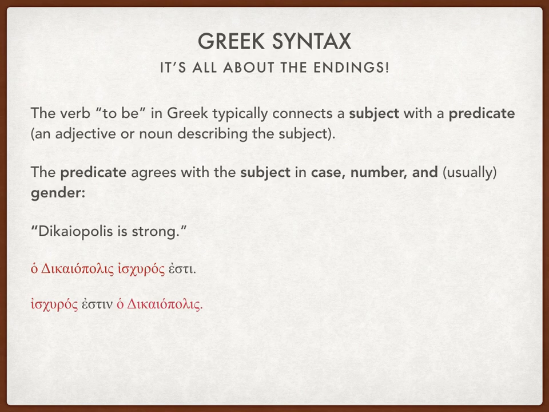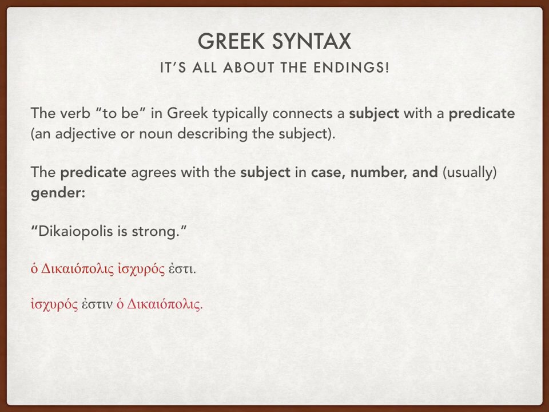This will be a little bit more intuitive when we read some of the examples on Monday, but let's use a simple one below. You can see my verb in the black lettering there, esti or estin in the second example. Esti, he, she, or it is. Who's my subject? Let's use Dikaiopoulos and say Dikaiopoulos is strong. I want to describe him as a strong farmer. I could use the adjective iskhuros to describe him.